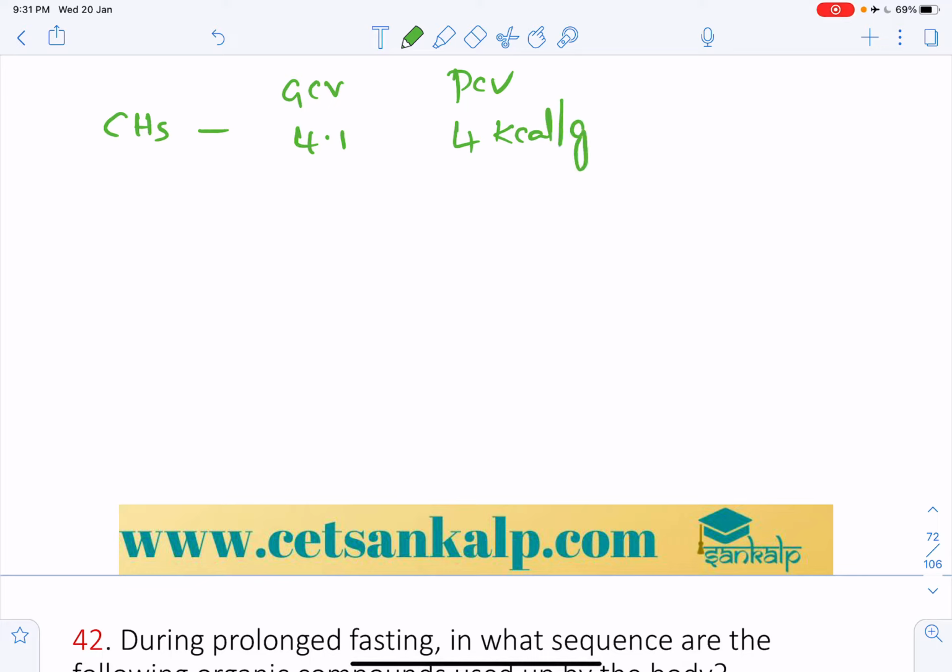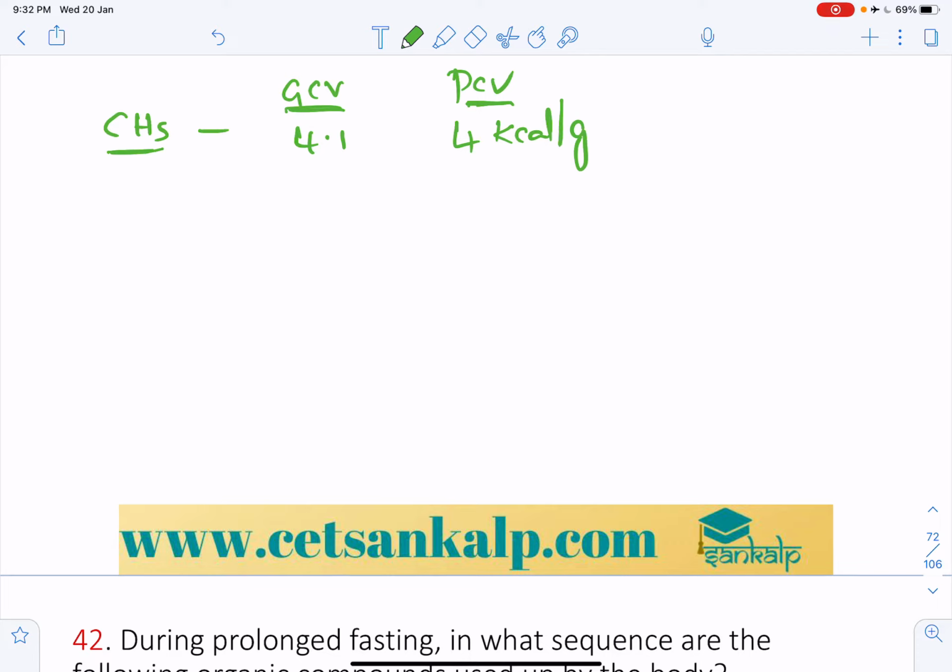Calorific value is the amount of heat liberated from the complete combustion of 1 gram of the substrate, that is GCV. The energy produced by the body is the physiological calorific value, PCV.